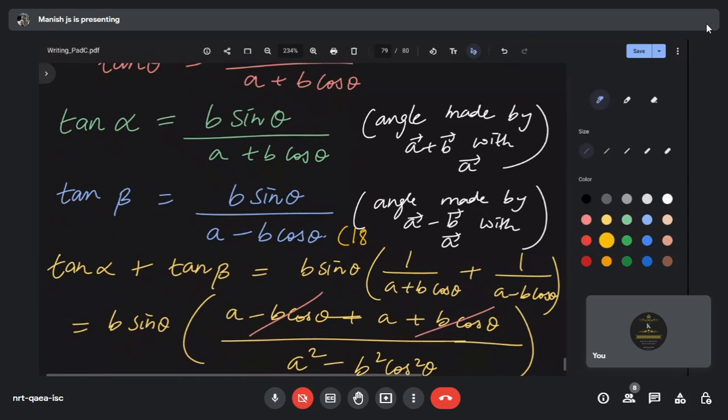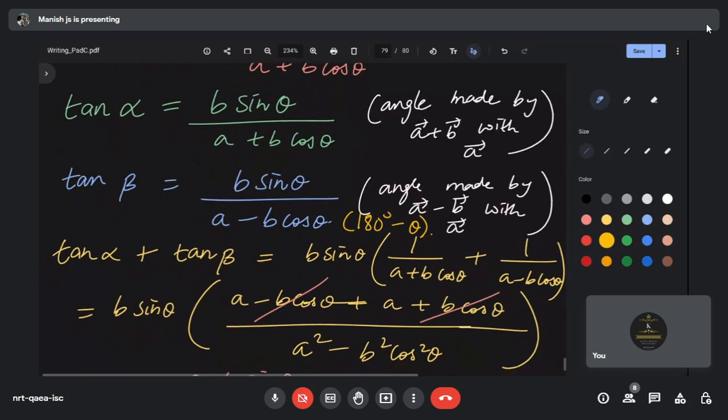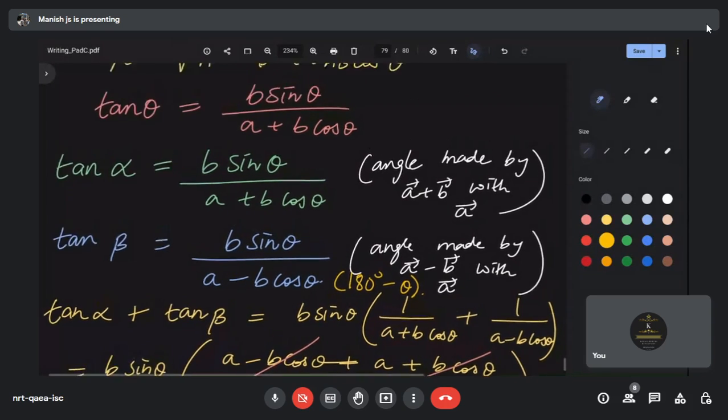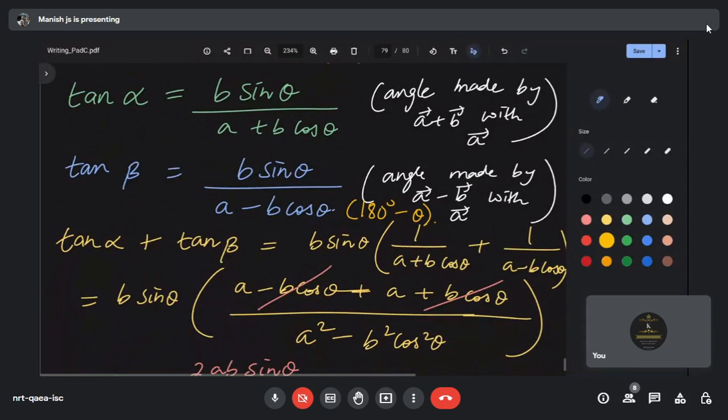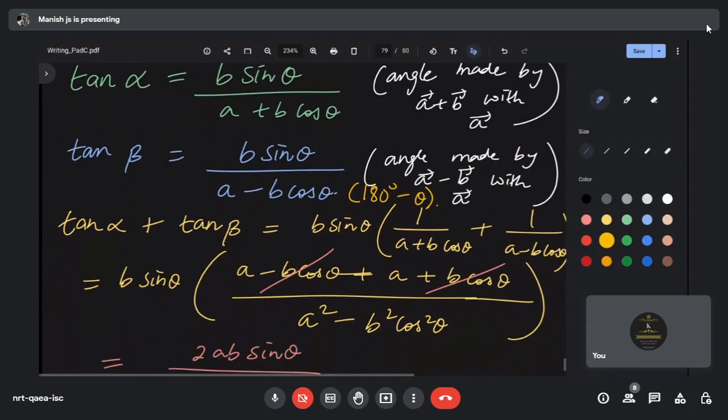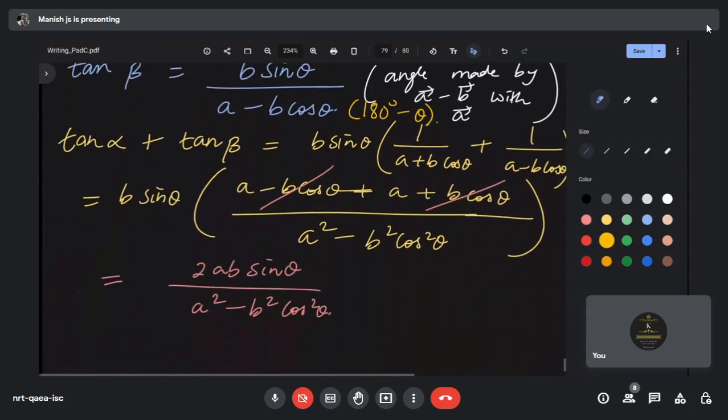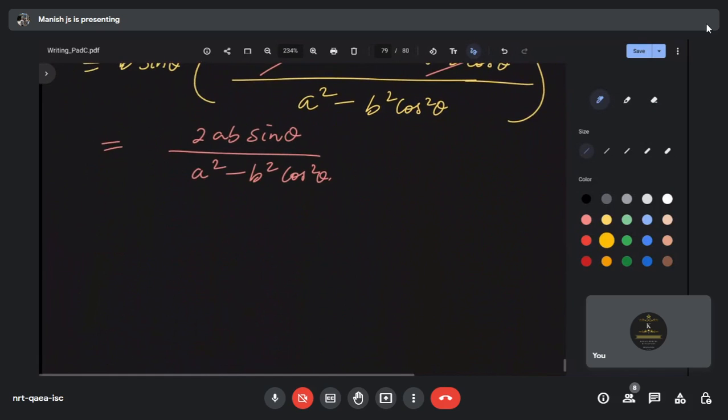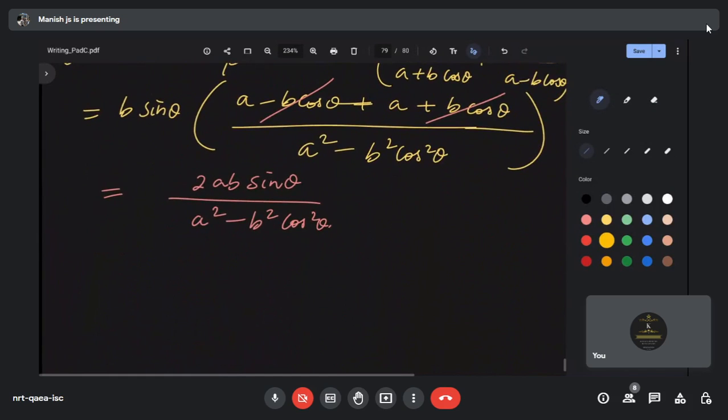So it's 180 minus theta, you know it will lie in which quadrant? Yeah, second. Most probably it lies in the second quadrant. So அதனால we take it as A minus B cos theta. So that is why we consider it as A minus B and not A plus B for tan beta. That's how we approach this type of questions. We'll go to the next model. I hope this is clear.